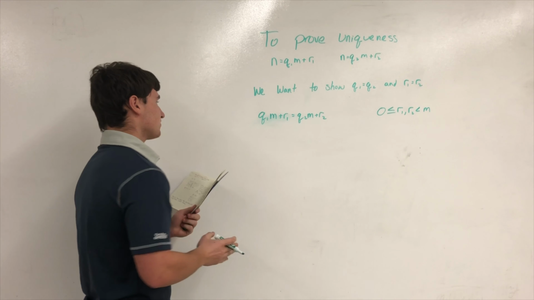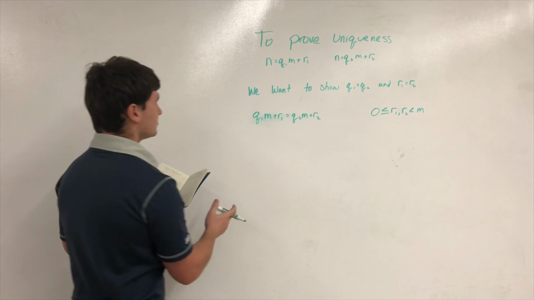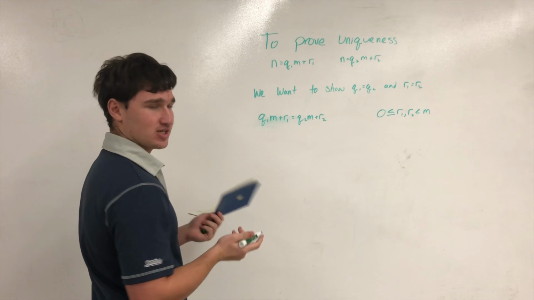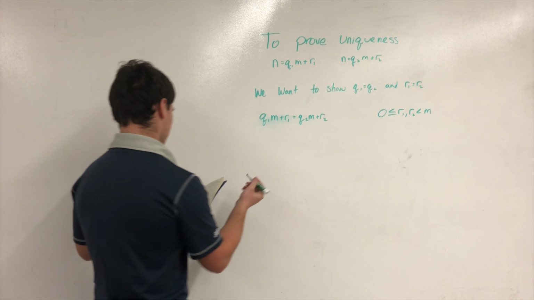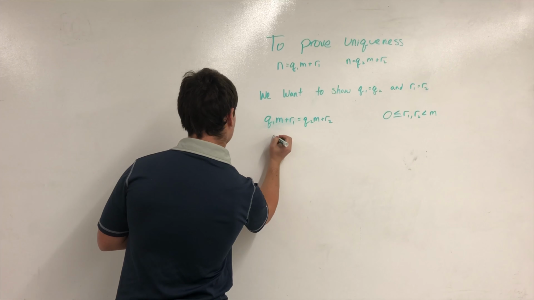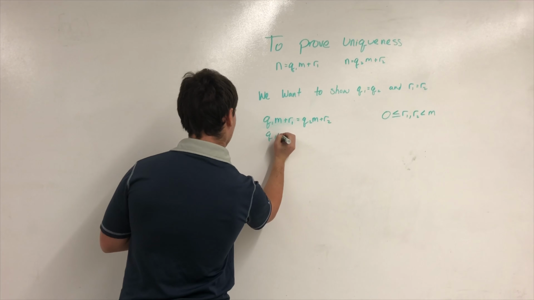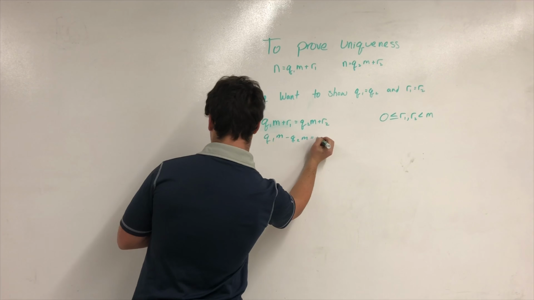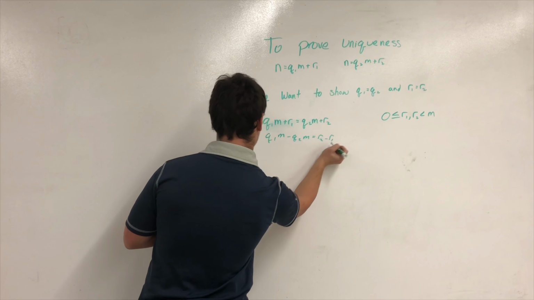And so first we're going to set the two equations equal to each other by substitution, since both equations are equal to n. Now we're going to use some basic algebra to get q1m minus q2m equals r2 minus r1.